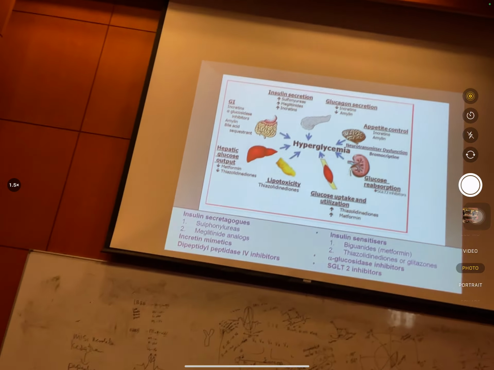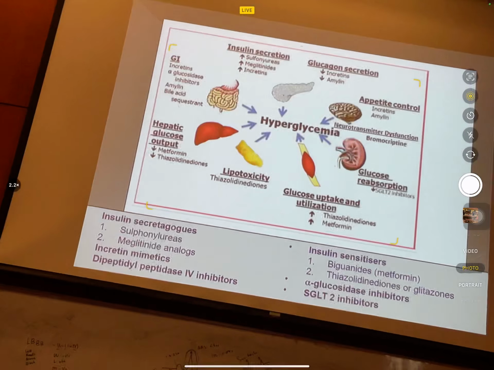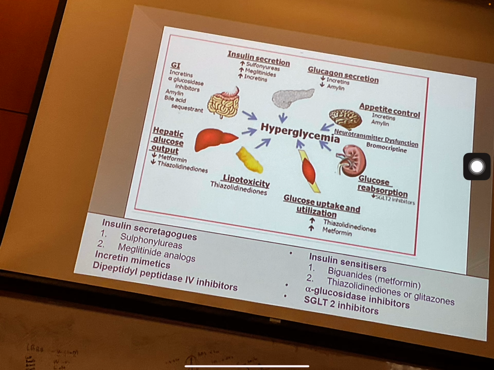Okay, and kalau kamu kira ada 1, 2, 3, 4, 5, 6, 7, 8. When we first started, I think mungkin dalam 6 atau 7 sahaja. So sekarang kita dah sampai ke 8. And then I divide it into insulin secretagogues, in which these 2 groups release insulin from beta cells of the pancreas.